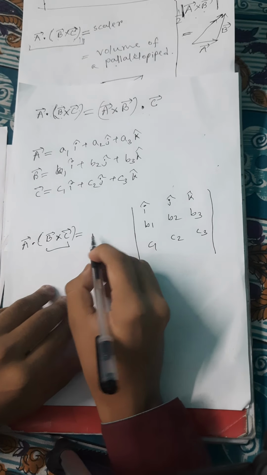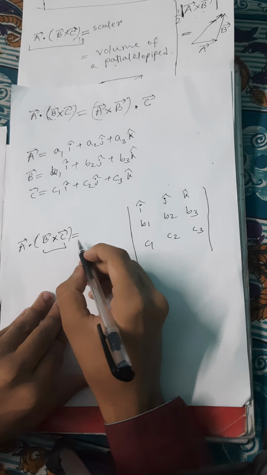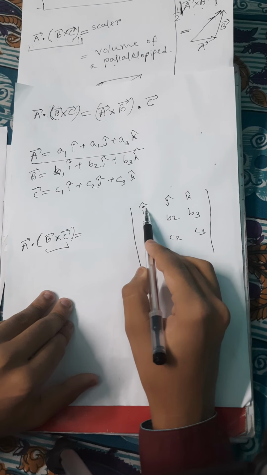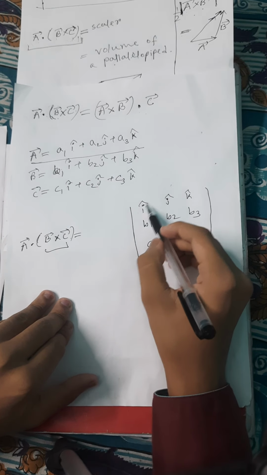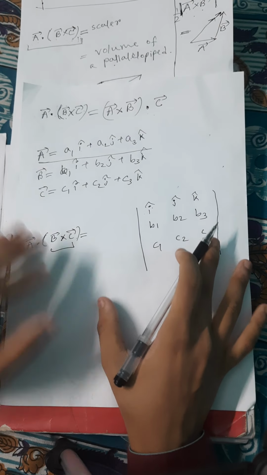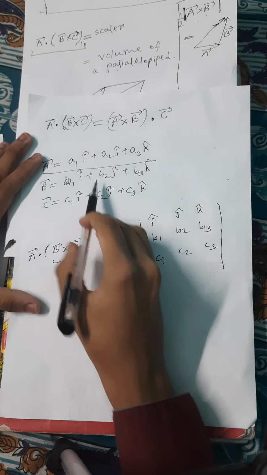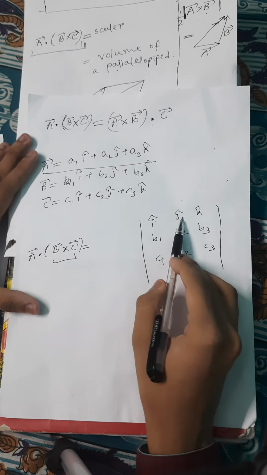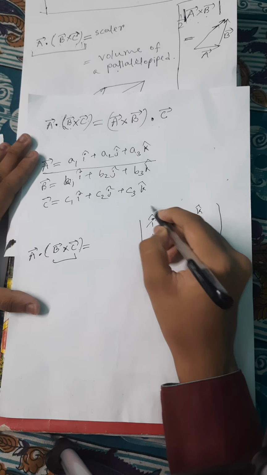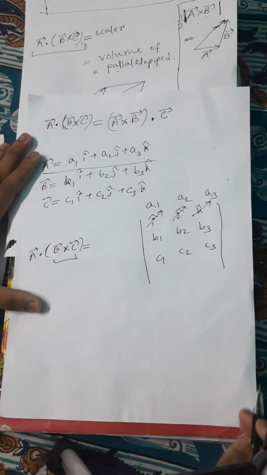And when you take the dot product with respect to A, this vector i dot i will be 1, j dot j will be 1, k dot k will be 1, and this position will be replaced by A1, A2, A3.